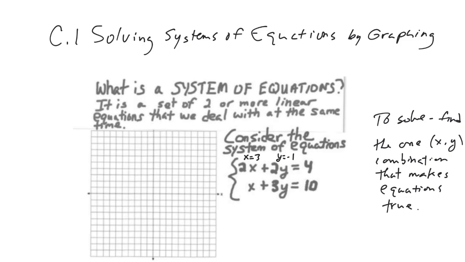That's what we're looking for, the point of intersection. It will be the solution, the one XY combination to the system here. So it will be the one combination that will work for both.